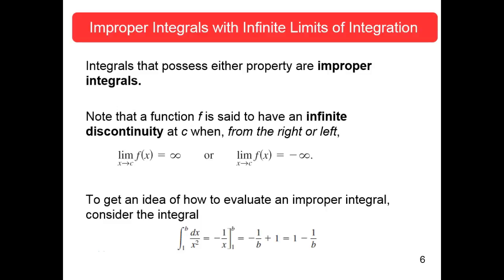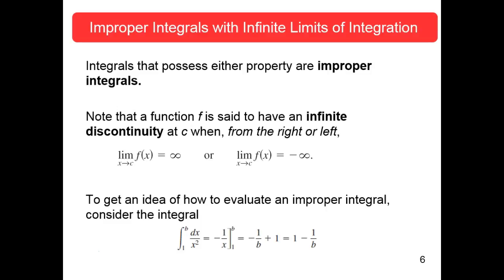You can't do that anyway, okay? But if it's not 0, then the antiderivative of x to the minus 2 would be minus x to the minus 1, so it would be this, okay? So minus 1 over x from 1 to b. And that would then, of course, be minus 1 over b minus, minus 1, which would be 1 minus 1 over b.